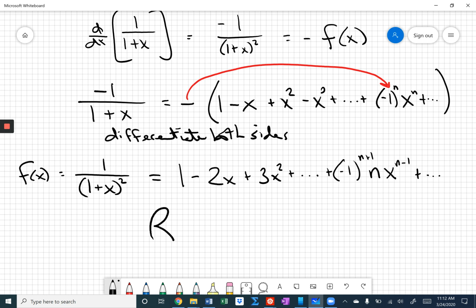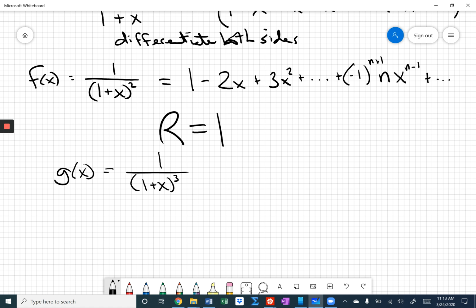You may end up losing an endpoint, just to be clear here. But the radius does not change. The center doesn't change, and the radius does not change. You just may lose one or more of the endpoints. So the power series for 1 over 1 plus x has a radius of 1, and so this also has a radius of 1.